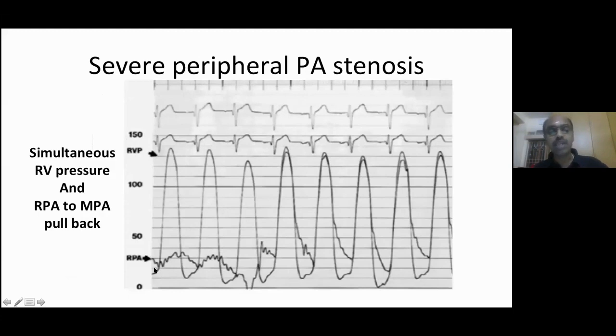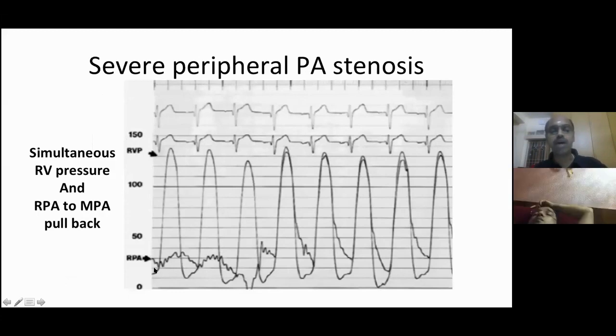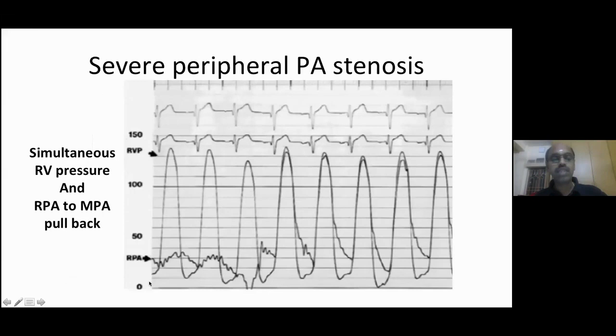I will show an example of a severe peripheral pulmonary artery stenosis. There is a patient who has a tight RPA and LPA origin stenosis. There is a simultaneous catheter, one in the right ventricle. The right ventricle is recording 135 millimeters of mercury, indicating severely elevated RV systolic pressures.